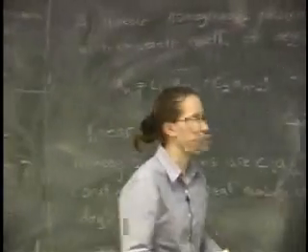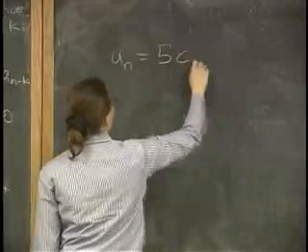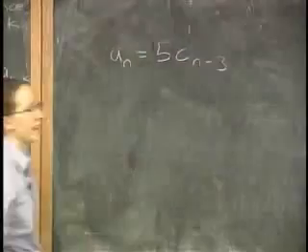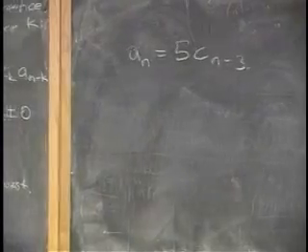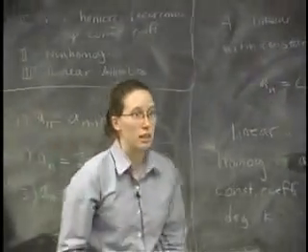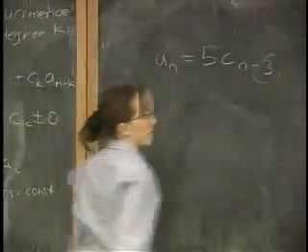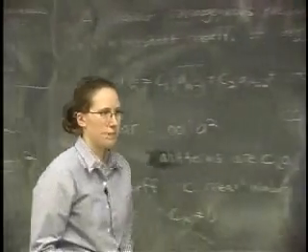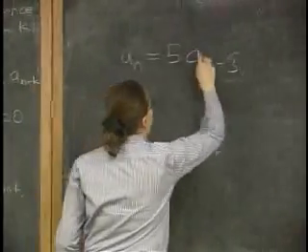So for example, this guy is a linear homogeneous recurrence relation with constant coefficients of degree 3, because the final guy is this 3. Oops, yeah, you're right, sorry.